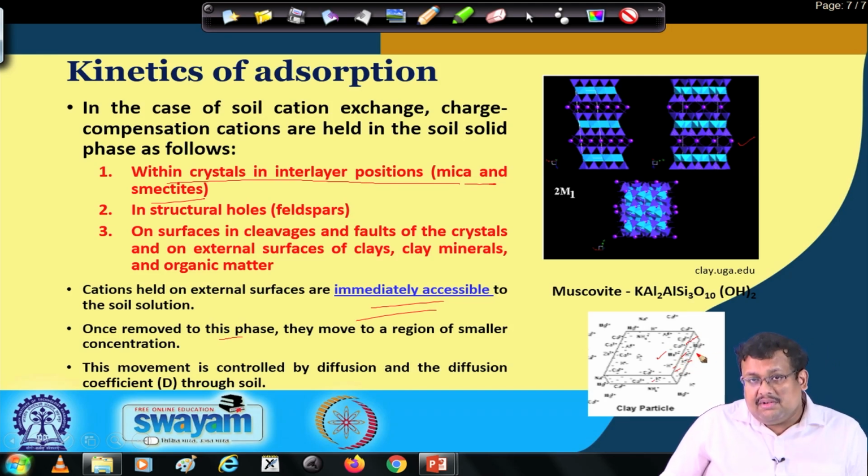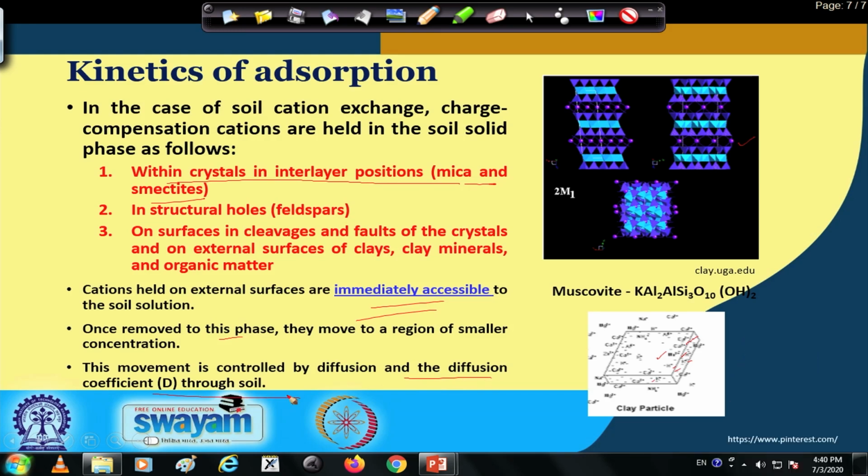Obviously, they tend to diffuse away from the surface of the clay particle to maintain equilibrium. And finally, the movement is controlled by the diffusion and the diffusion coefficient through the soil, which we will discuss in our coming slides.